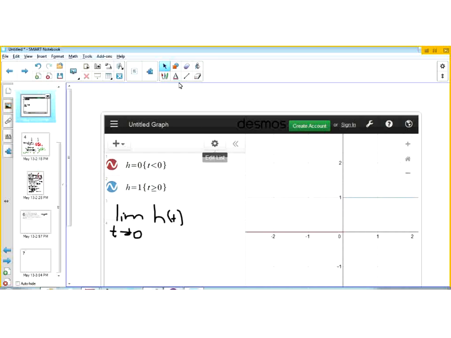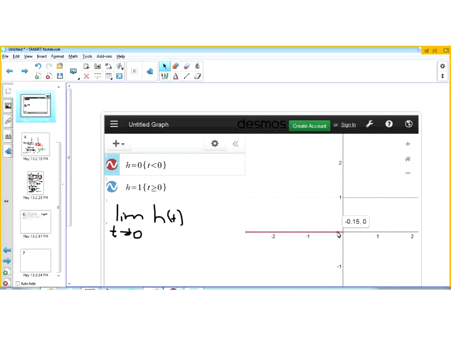All right, so let's do our walk again. Let's go for a walk, right? Okay, so as I walk along the t-axis and I'm approaching 0, then I hit 0 and it's still undefined. Okay, yeah, it's still undefined.